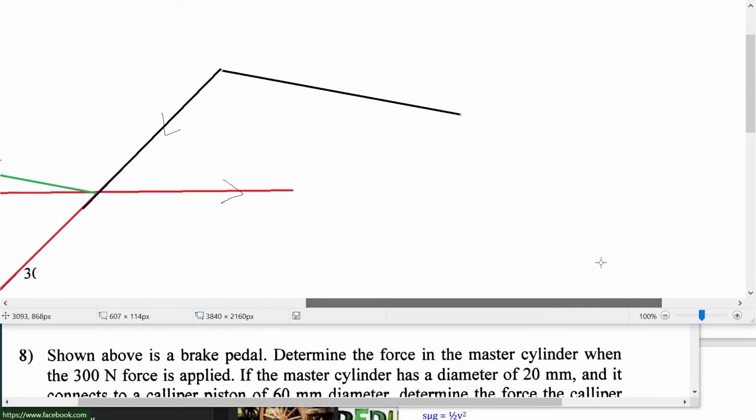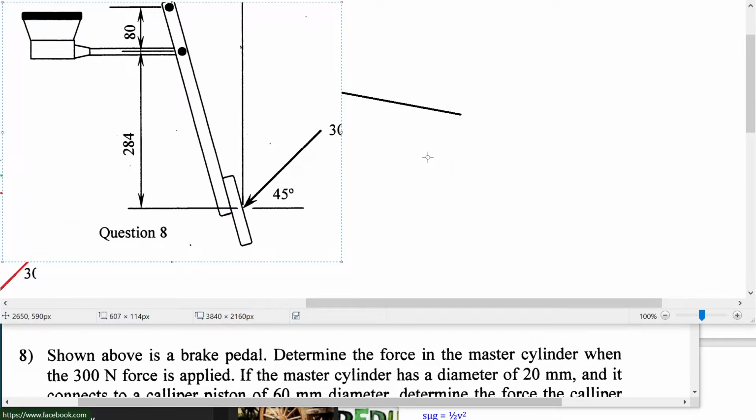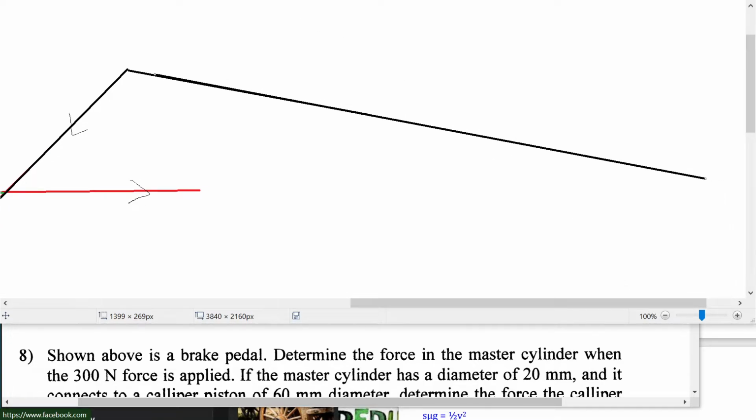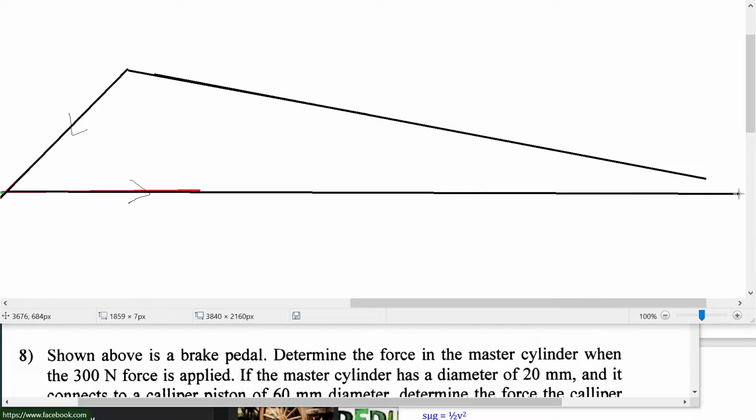What we'll do is we'll just extend it, and then we'll take this line and extend that.